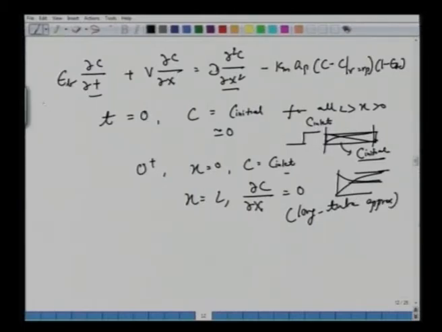So mathematically we can now say the problem is well defined: one condition for time, two conditions for x. However, you notice that we do not know C at r equal to Rp. So we have a solid surface. What is the concentration right here at r equal to Rp in the bulk phase, the liquid or gas phase?